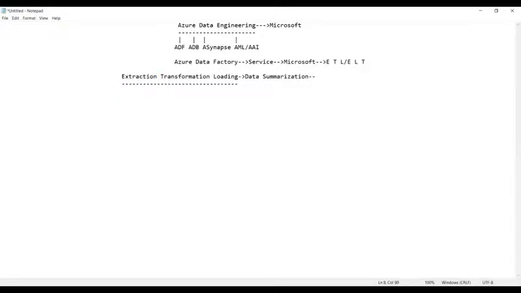The next process is loading, not the transformation. Extract and load first, then transform it later. That means transformation is performed later.